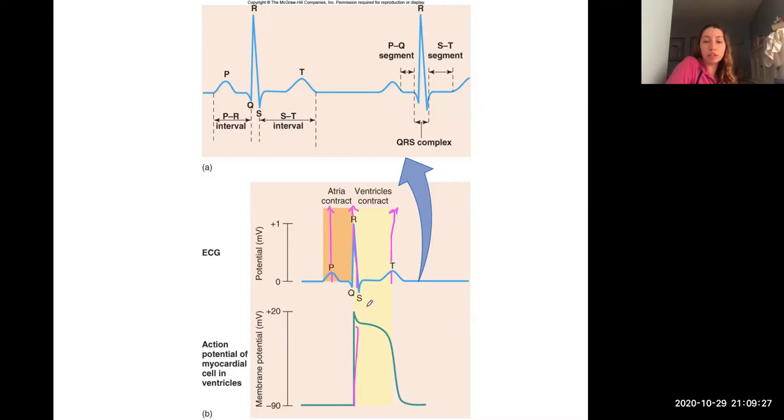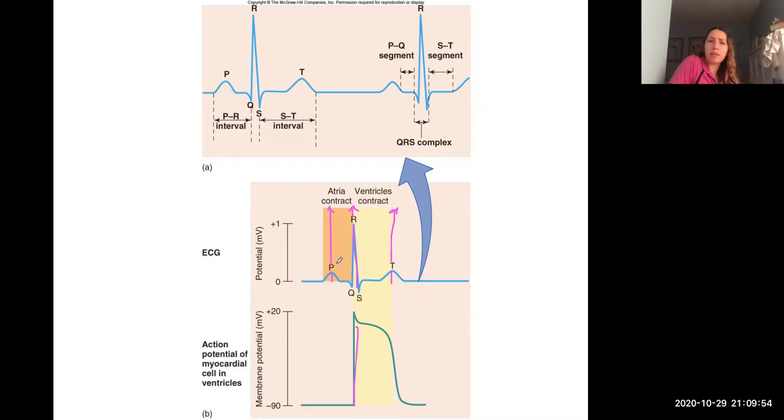And this is basically showing you a roadmap of what is happening with this electrical current. And so you can see right here, the P wave, this stands for depolarizing of the atria. And depolarization of the atria, this is regarding the nodal cells, specifically the nodal cells, okay?